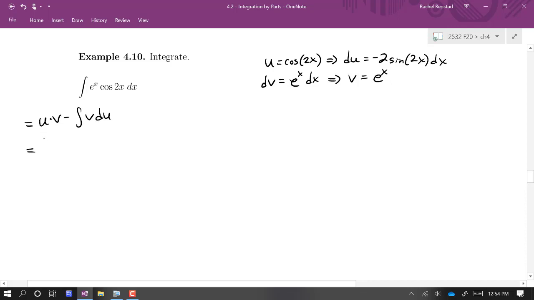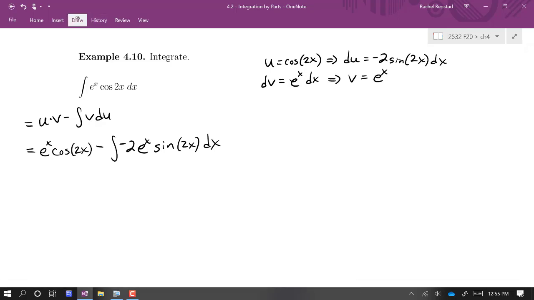Let's plug this stuff in. U times v, that'll be e to the x times cosine 2x minus integral v du. So I'm going to write this as a minus 2 e to the x sine 2x dx. And I'm going to drag this factor of negative 2 outside.